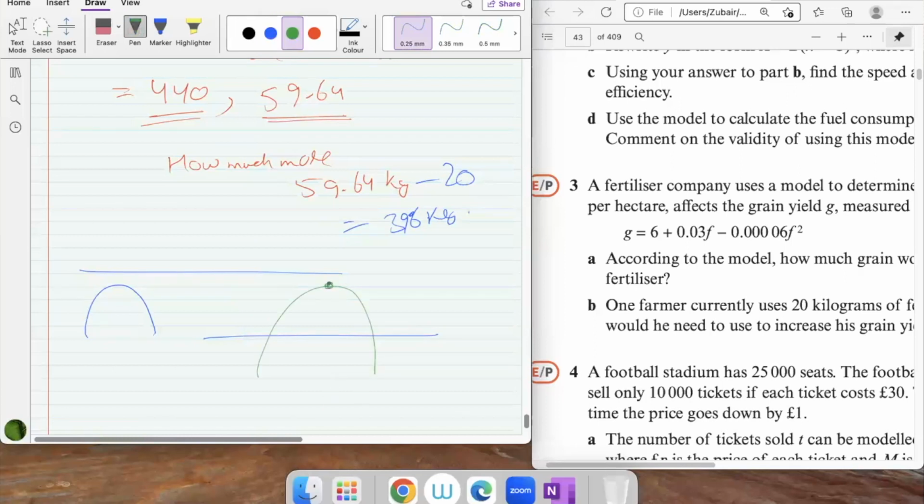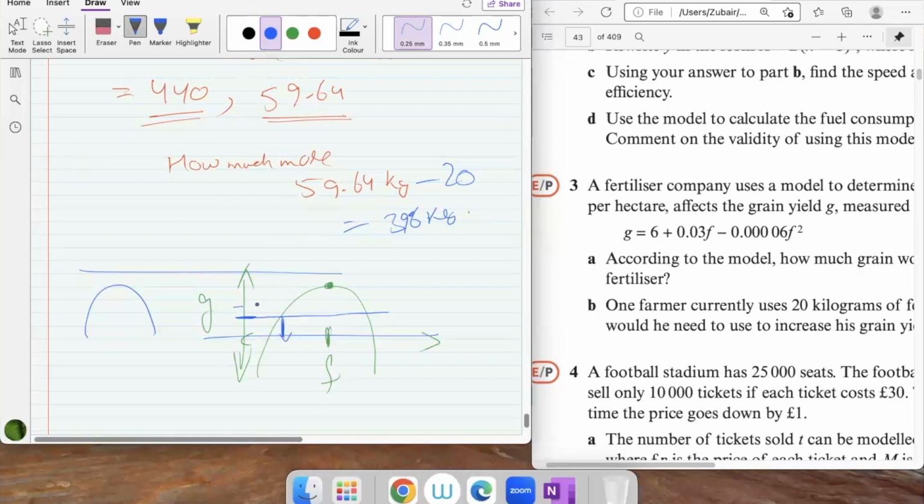There will be a maximum value at a certain value of F. The Y-axis is basically G and the X-axis is F. So assume he was getting 6 point something at 20 kgs. So this was basically 20 kgs.